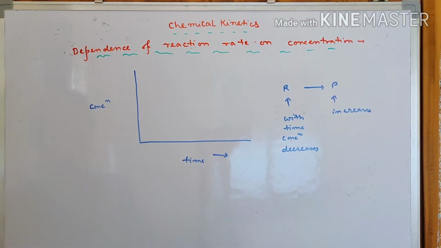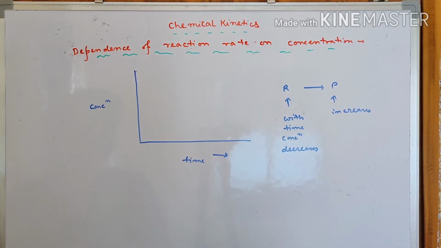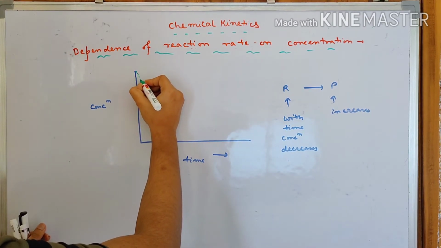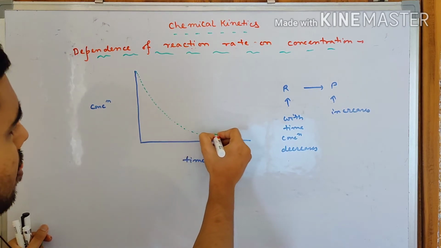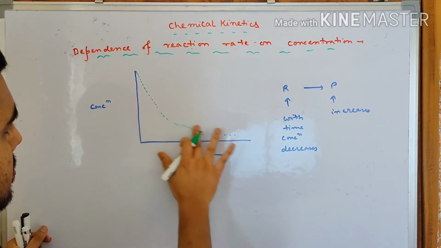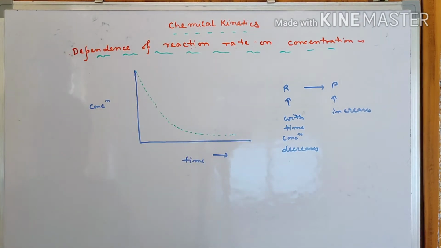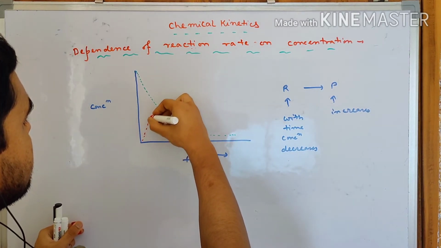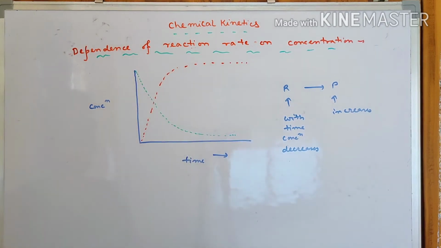So as a result of that, what we can write is, suppose for reactant, if it starts from here, with time it will be observed that it is decreased, like this. And of course, on the other side, the concentration of the product will increase, like this. What does it mean?